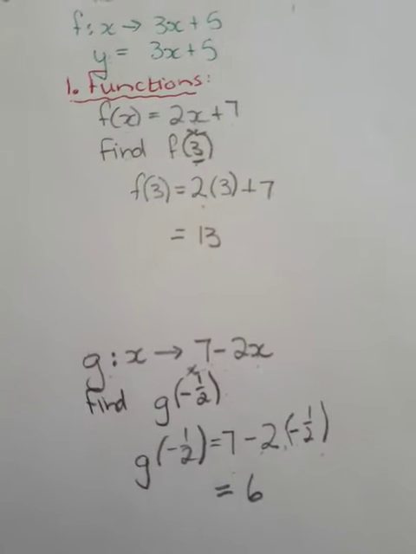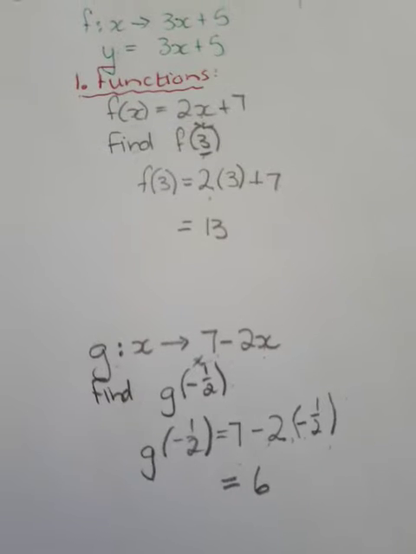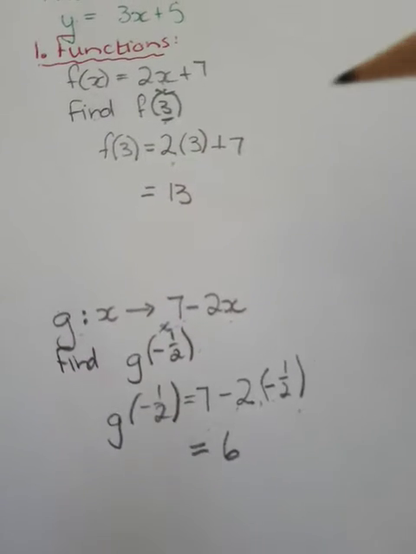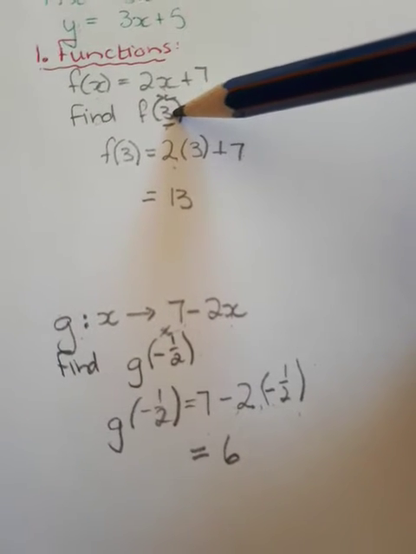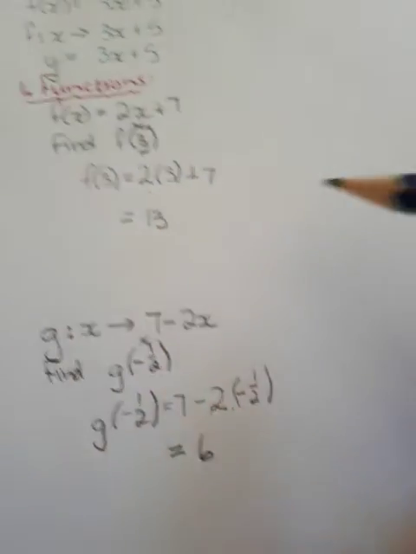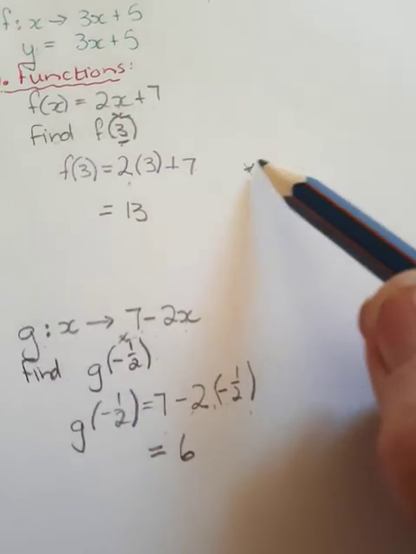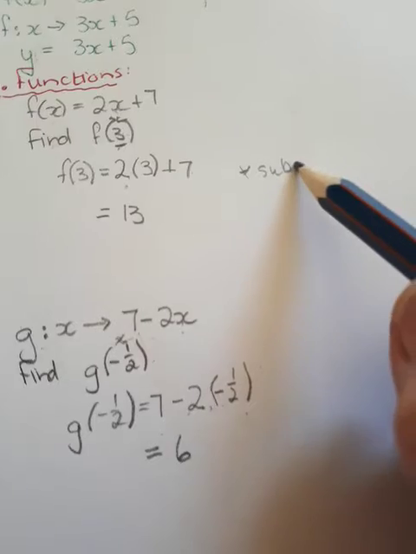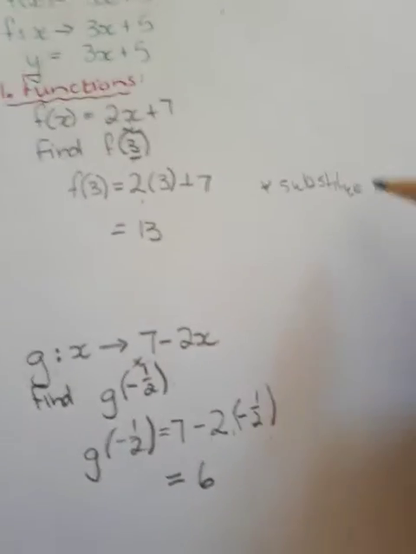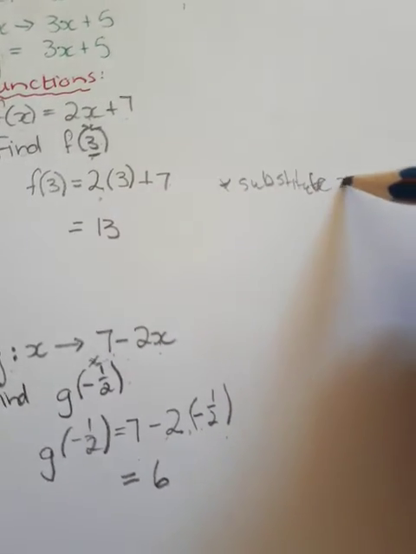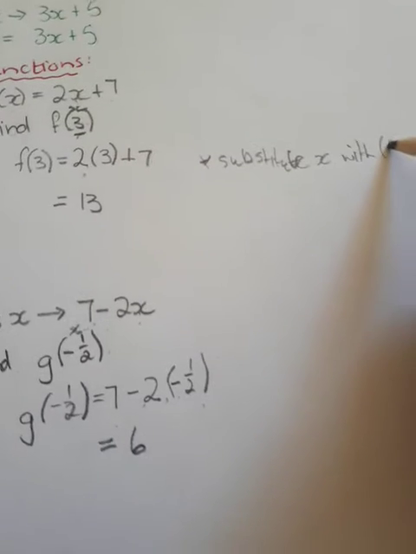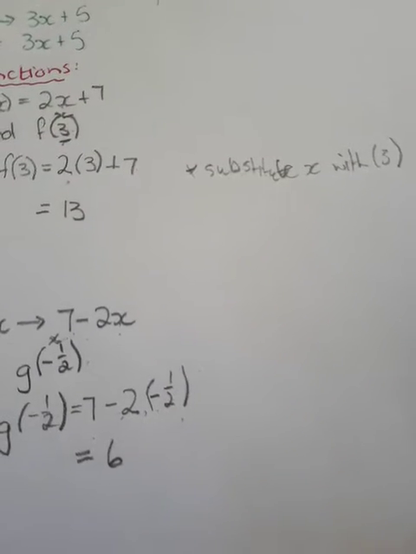So this is really the most basic and simple type of question on functions, where you have to evaluate functions. In this case, they have given you the x. So really, all that you do is substitute x with the value they have given, which in this case was 3.